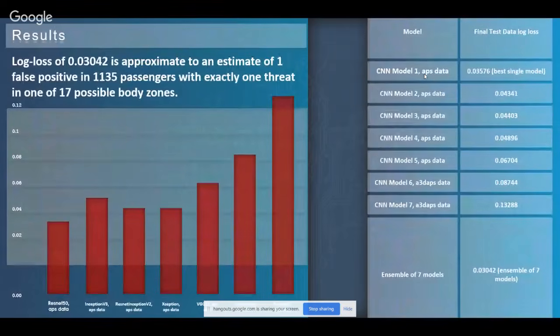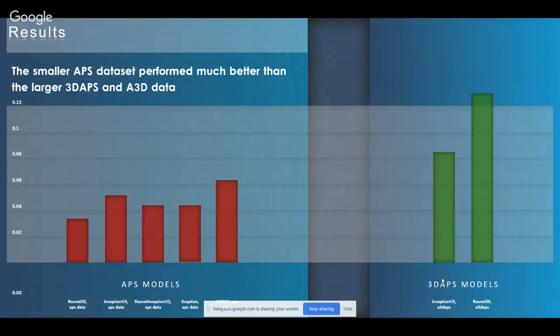So this slide presents our results. We trained many models: ResNets, Xceptions, Inceptions, and various VGG19s, various architectures, but our best performing model was the ResNet 50, and the single model was only slightly worse than the ensemble of all the models we trained.